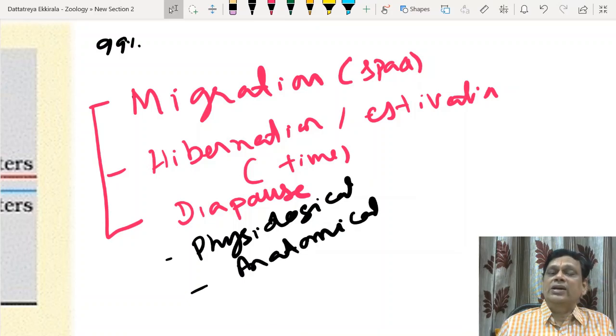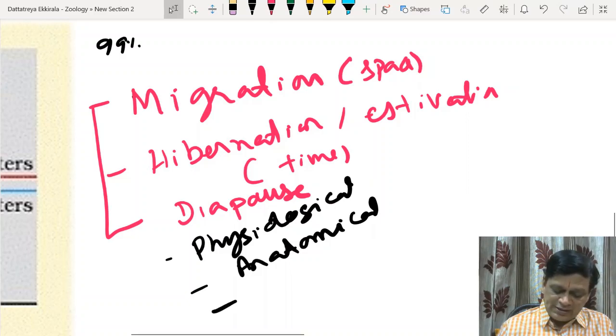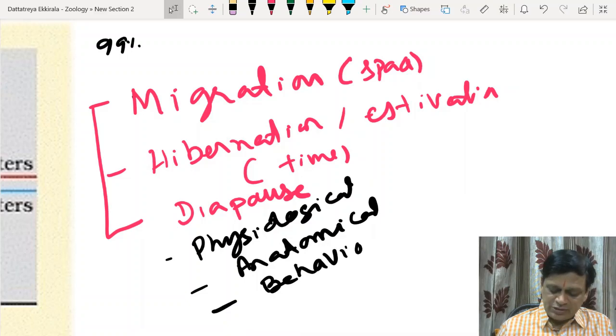Deeply sunken stomata are present in desert plants. You remember, all plants are conformers. Regulators means it can be higher vertebrates, lower vertebrates. Some lower invertebrates are also regulators, but most of them are conformers. Then anatomical, like deep sunken stomata, adipose tissue, feathers and all other things. So physiological, anatomical, some organisms even show behavioral adaptation.